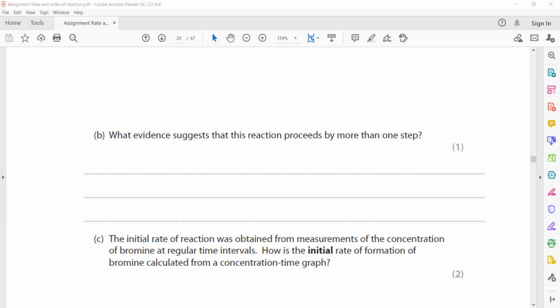The number of particles in the rate determining step and the overall equation does not match.